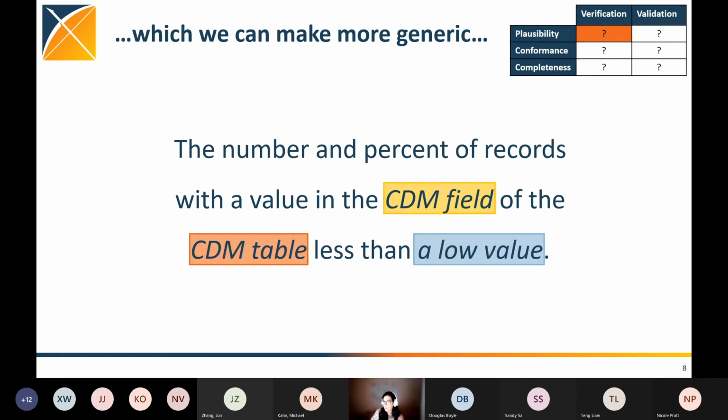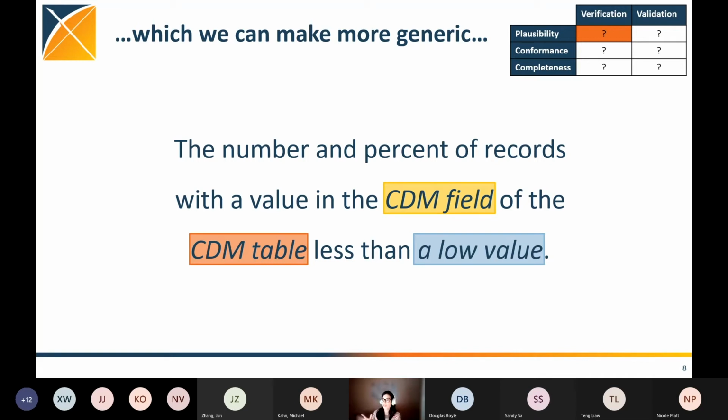So our specific check of the year of birth now becomes the number and percent of records with a value in some field in a CDM table that's less than a low value. And by abstracting it, what we can start to do is swap in different CDM tables and fields and values.